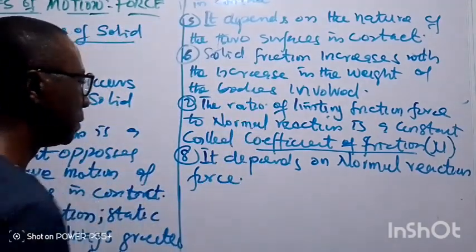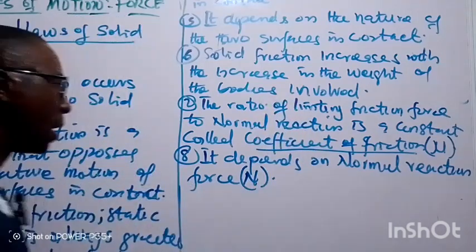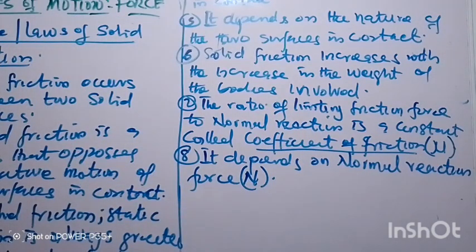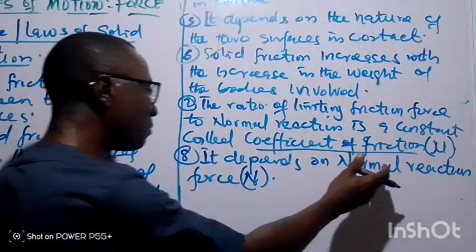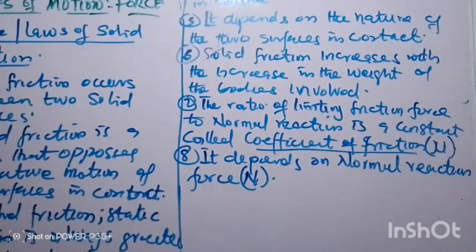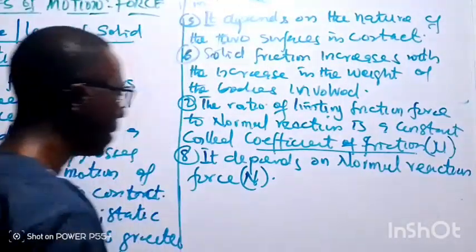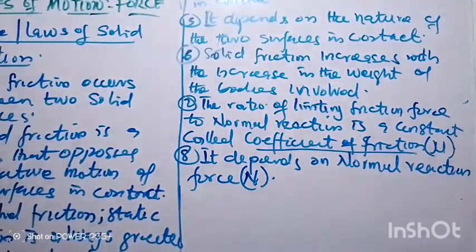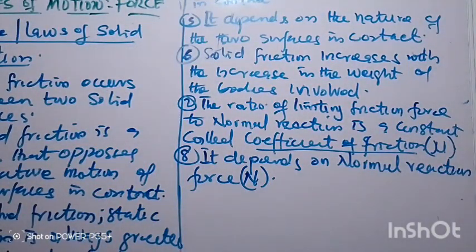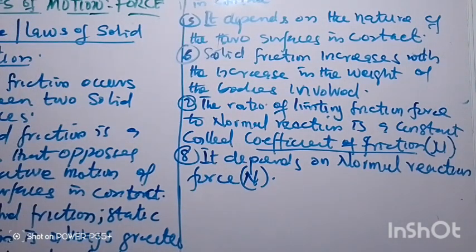This is denoted by capital N. As we defined normal reaction force in our last topic, it is the perpendicular upward force that presses two solid surfaces in contact together. So friction depends on normal reaction.